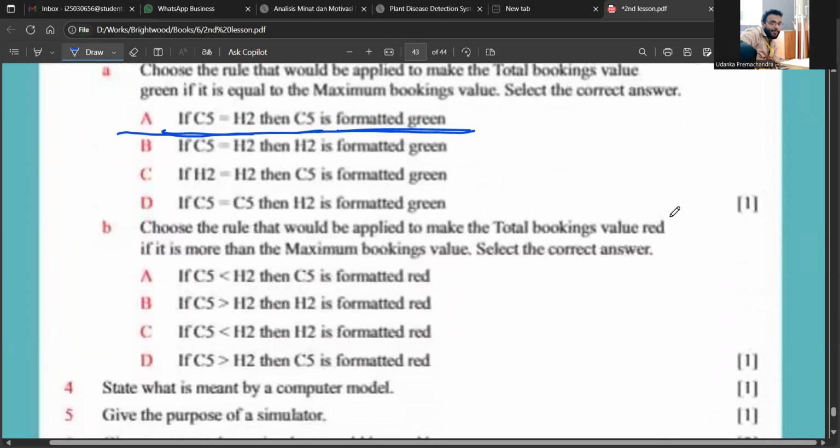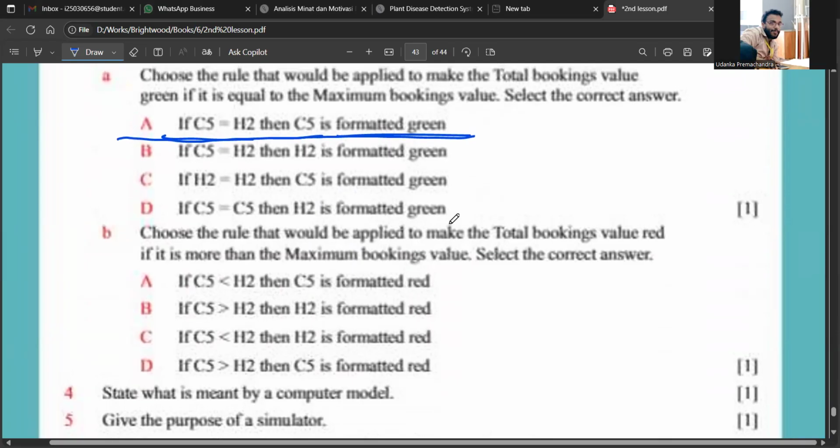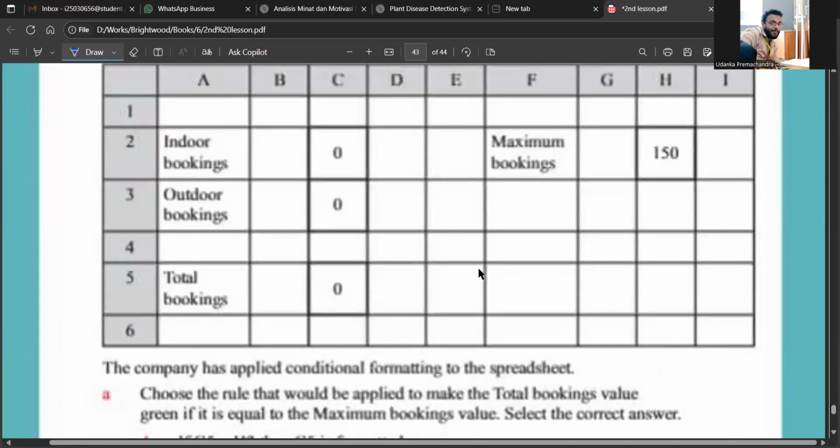So for B, what should be there? Choose the rule that would be applied to make the total booking value red if it is more than the maximum value. C5 is greater than H2.